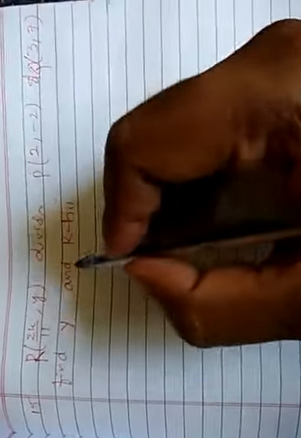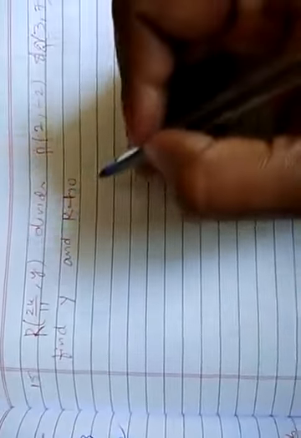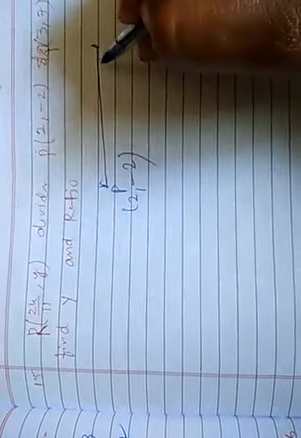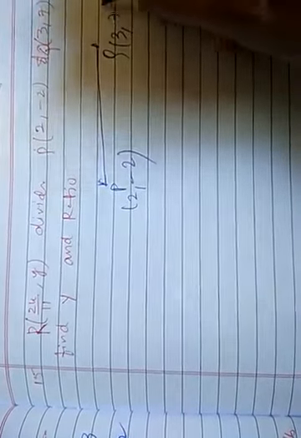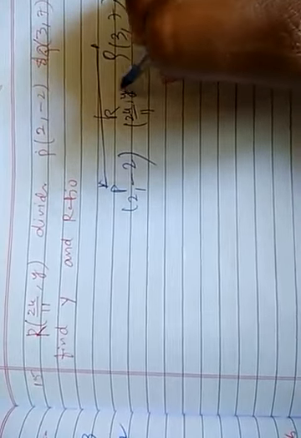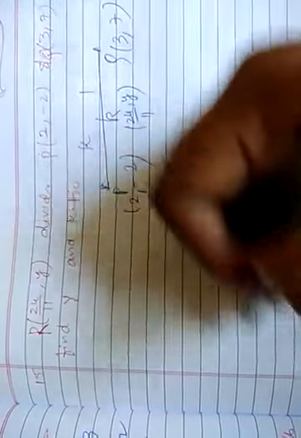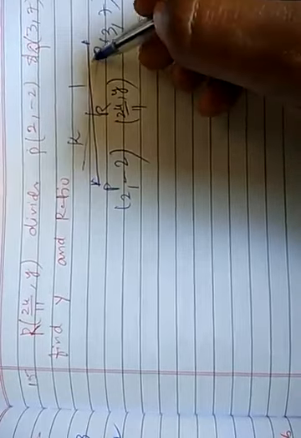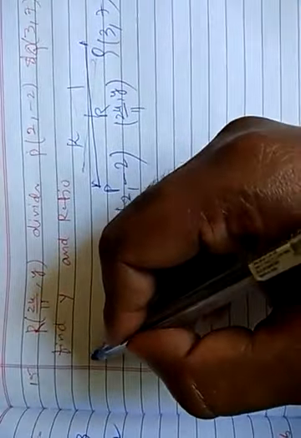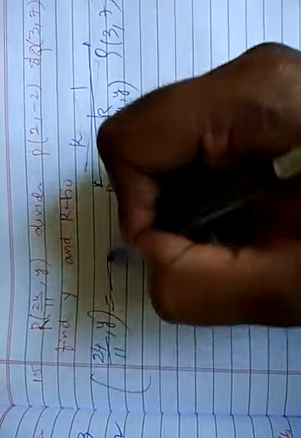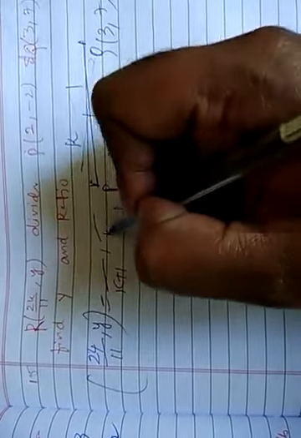Now next one, R is dividing P and Q in a ratio. We don't know the ratio, but we know the points P and Q, that is (2, minus 2) and the other is (3, 7). R is (24 by 11, y), dividing in a ratio k:1. Now for this type of section formula, I can use a crisscross rule in a shortest way, that is (24 by 11, y) should be equal to k plus 1 down and k plus 1 down.